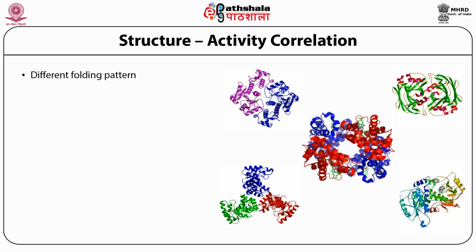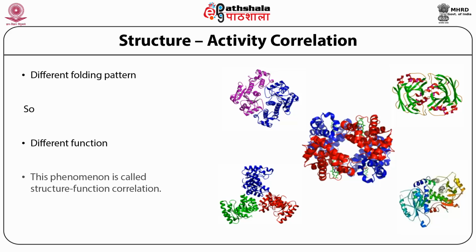Different folding patterns mean different functions can be exhibited by proteins. So I am stressing that structure becomes important for function. That's why we call it structure function correlation, or sometimes structure activity relationship. The amino acid sequence determines the structure, which performs the function.